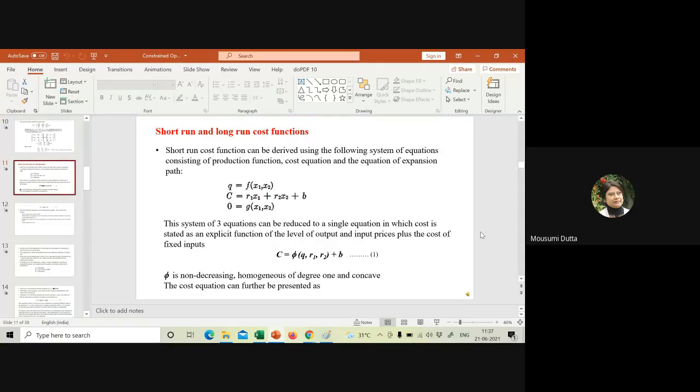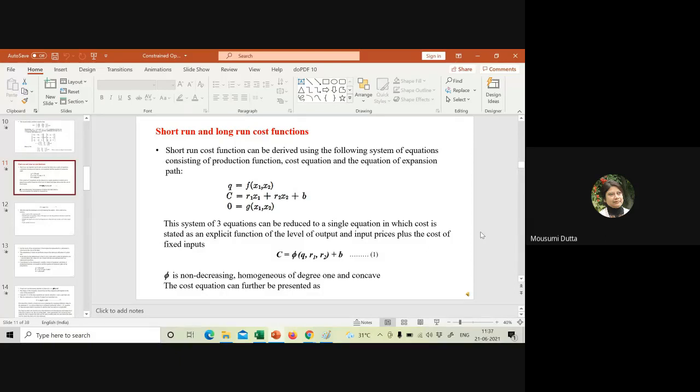Now I'm starting the discussion with short run and long run cost functions. The short run cost function can be derived using the following system of equations consisting of the production function, the cost equation, and the equation of the expansion path. You are already familiar with these concepts.